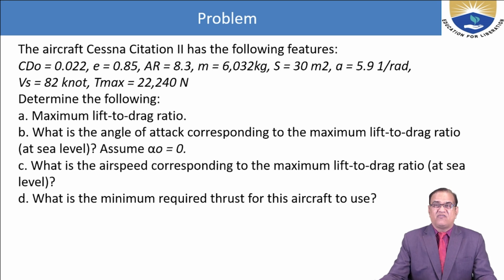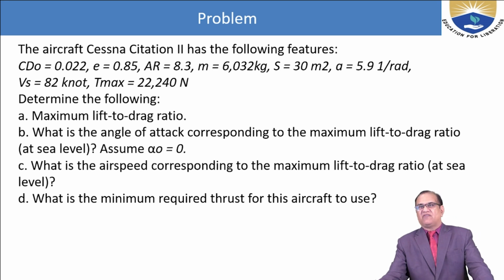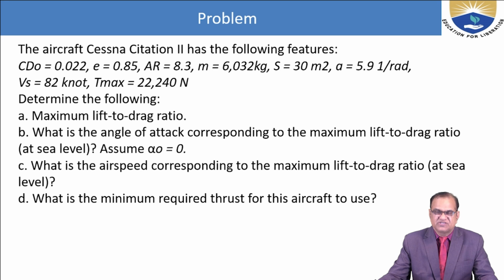What is the angle of attack corresponding to the maximum lift to drag ratio at sea level, assuming alpha naught is equal to 0, meaning it is a symmetric airfoil? What is the air speed corresponding to the maximum lift to drag ratio at sea level? What is the minimum required thrust for this aircraft?